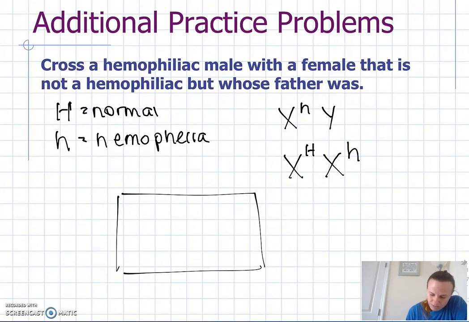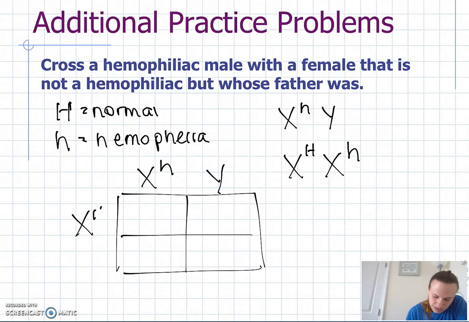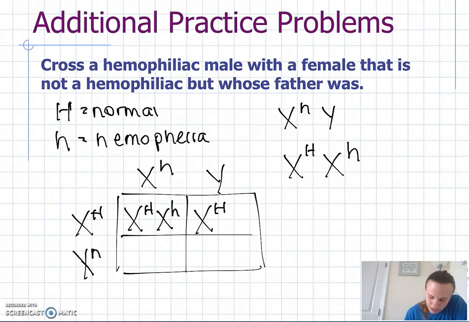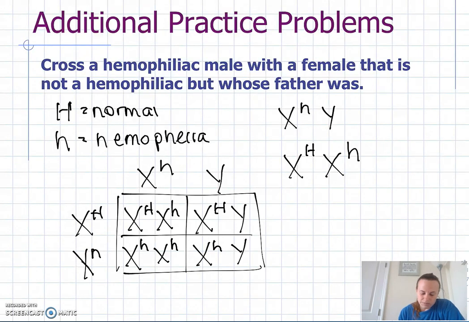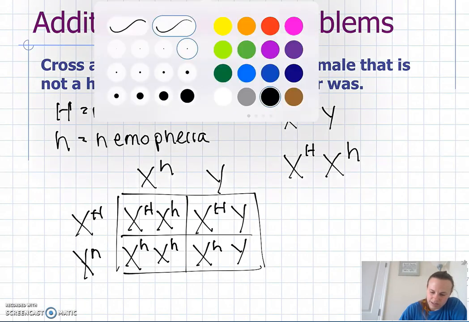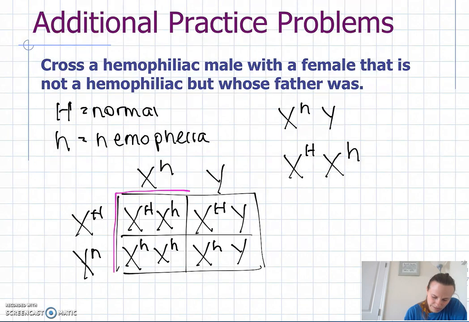So I draw my box for my Punnett square. I'm going to put dad up here, and then I'll put mom along the side. And I would get X capital H, X lowercase h, X capital H, Y, X lowercase h, X lowercase h, X lowercase h, Y. If I separate my females from my males, these are my females.